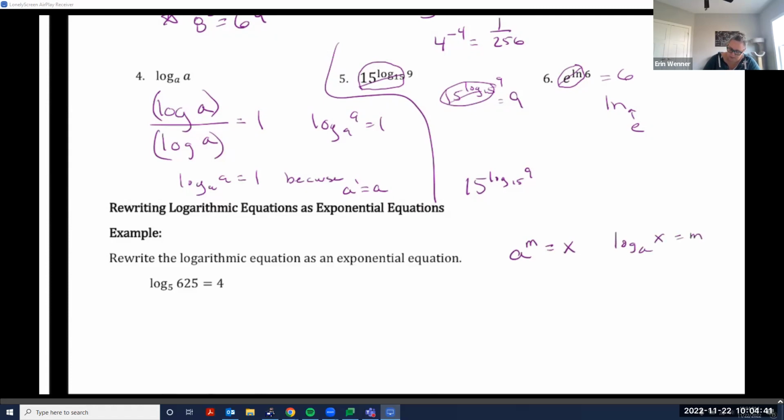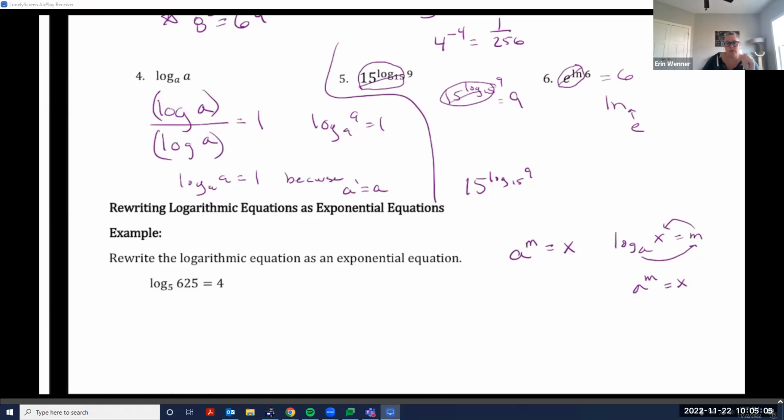So if I'm coming out of logarithmic form, I'm going to do a to the m equals x. If I apply this, what I have written here is log base 5 of 625 equals 4. This is a true statement. If I entered log of 625 divided by log of 5 into my calculator, I would get 4.